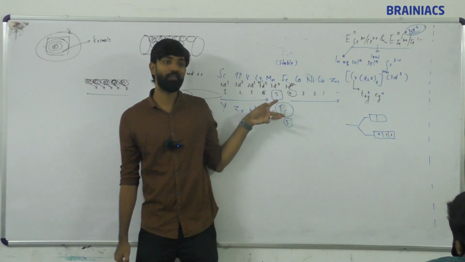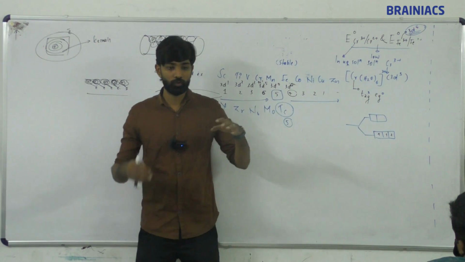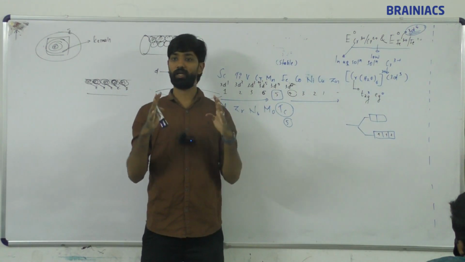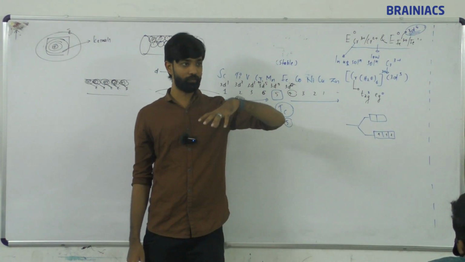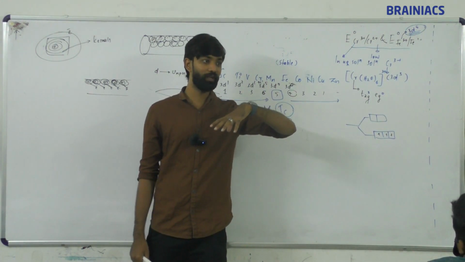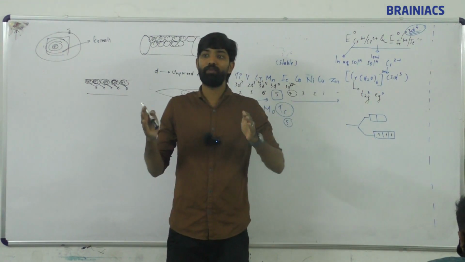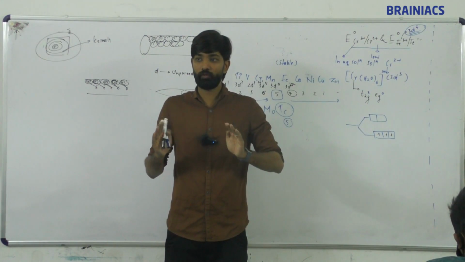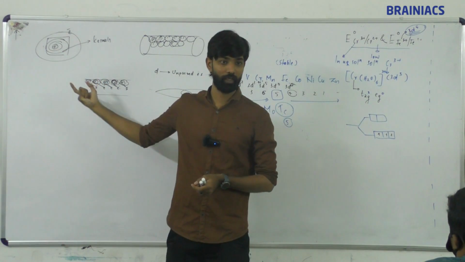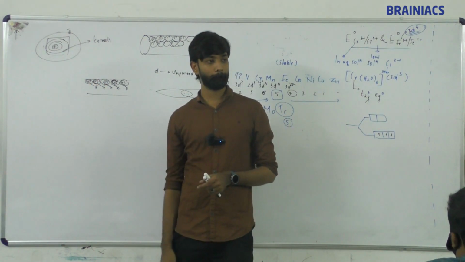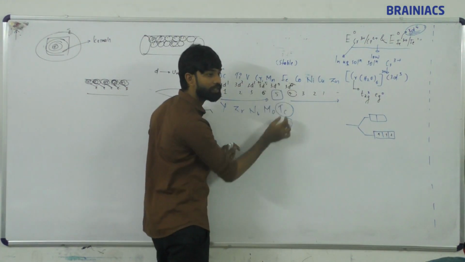The d5 configuration has extra stability, so the d5 electrons are usually localized and not freely available. Due to the half-filled stability, the atom tends to keep the electrons by its own, so they are not available for covalent bonding or metallic bonding.